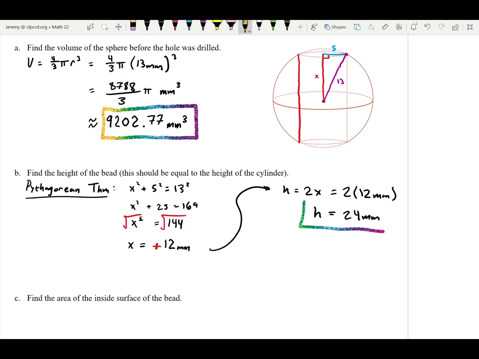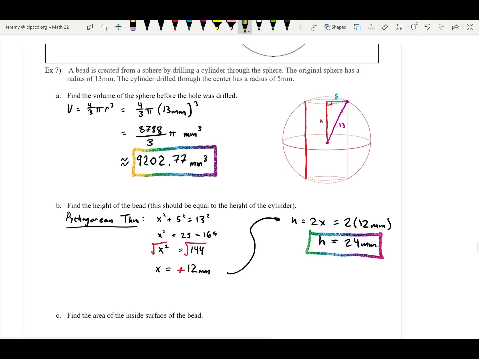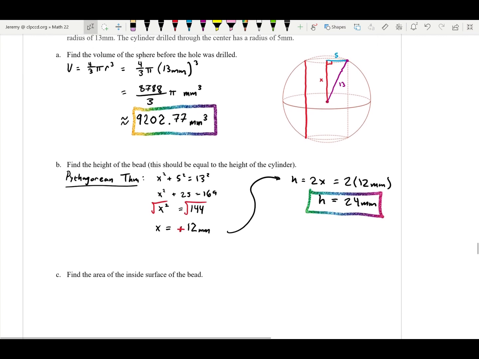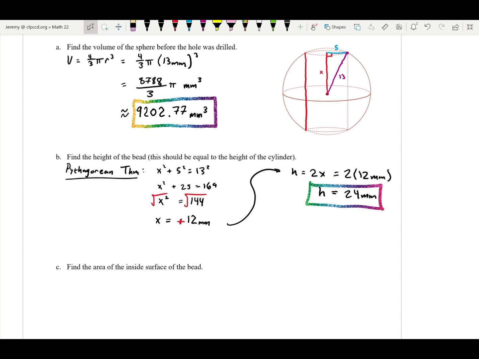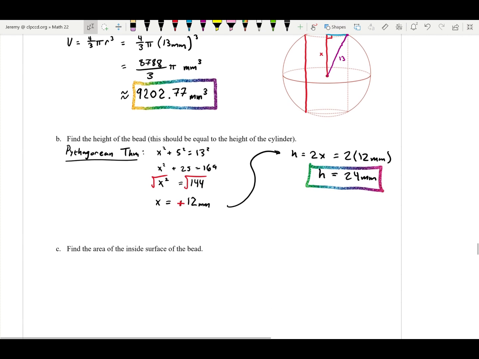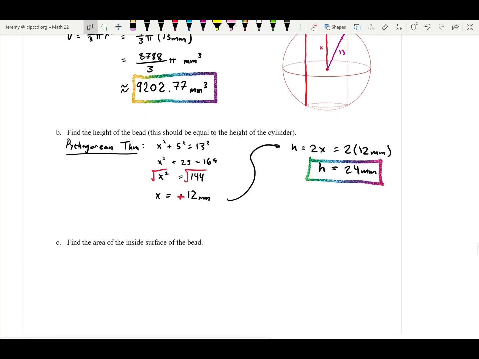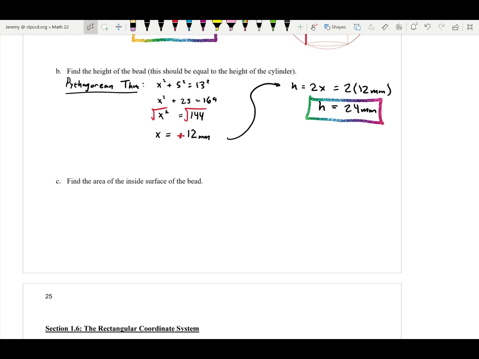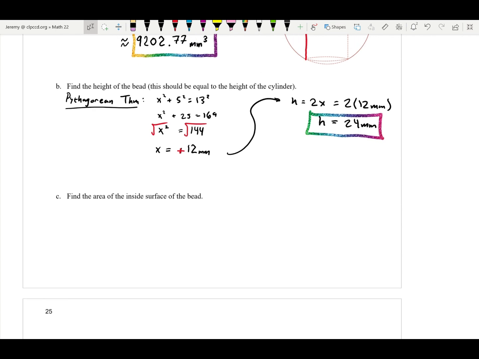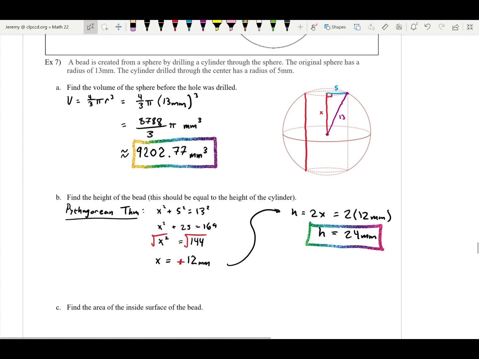I'll put a box around that. Nice. Now that I have the height and the radius of the cylinder, I should be able to answer part C, because part C is asking what is the area of the inside surface of the bead.